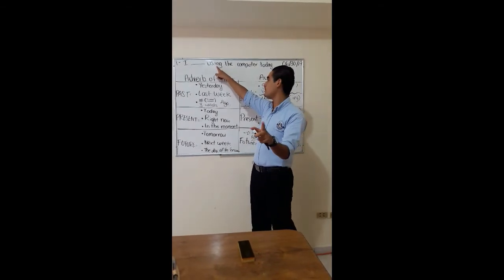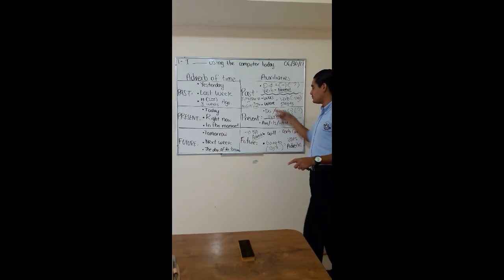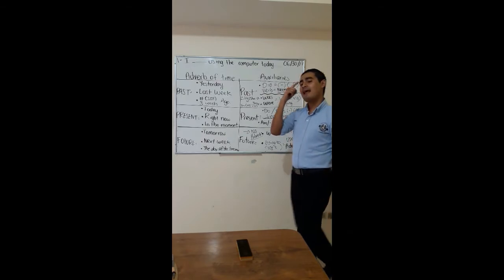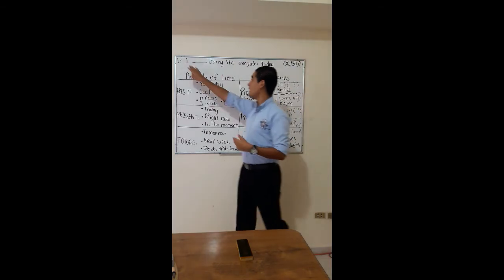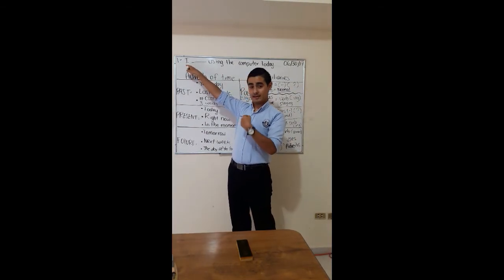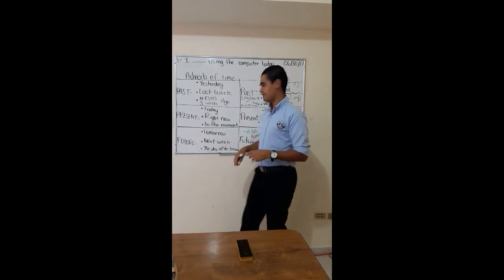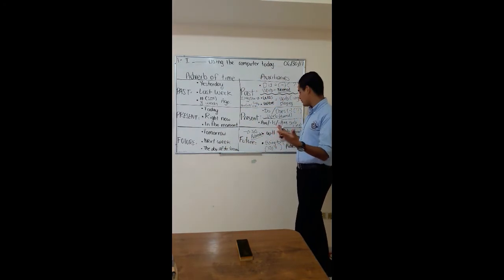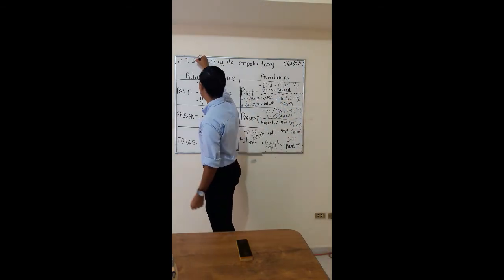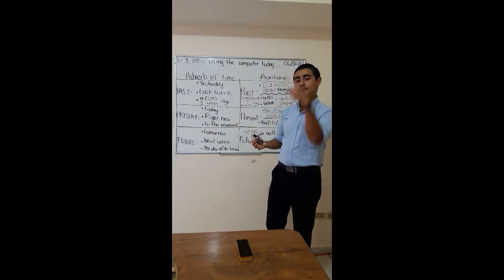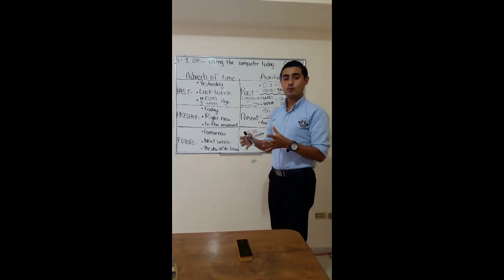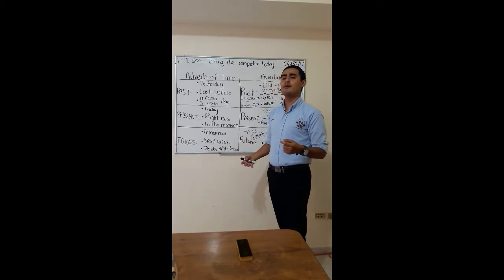The verb ing. So, do and does? No. Am, is, are? Yes. But now we have to remember. Ahora debemos acordarnos del verb to be. If the subject, si el sujeto is I, what is the verb to be? Am, is, or are? Well, the subject is I, so am. I am using the computer today. Yo estoy usando la computadora hoy.